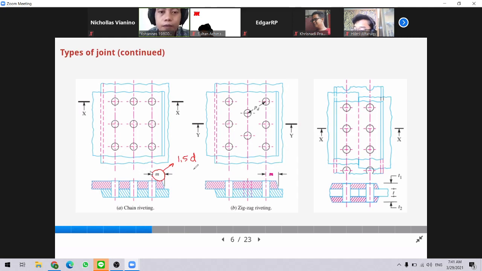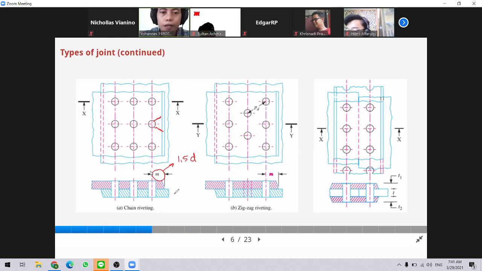Why? If we put this rivet too close to the edge of the joint, then it will start to crack like this. It will initiate a crack that will grow and tear apart the plate.